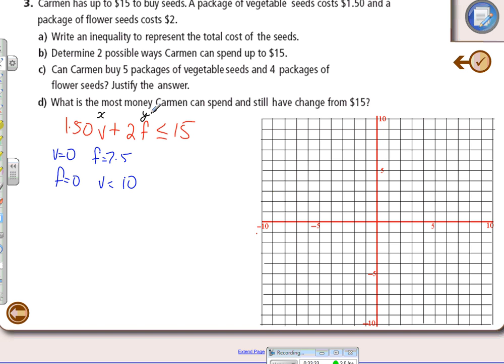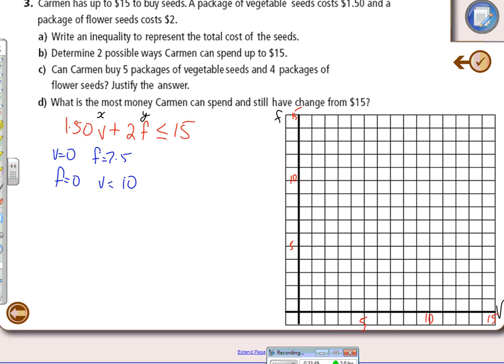So then let's plot it on here. X, v, and f. And I only actually need quadrant 1 for this one, so I'm going to change my graph here. All right, so now I've just got a quadrant 1 graph. I don't need all 4 quadrants because we can't have a negative number of packages of seeds to buy.